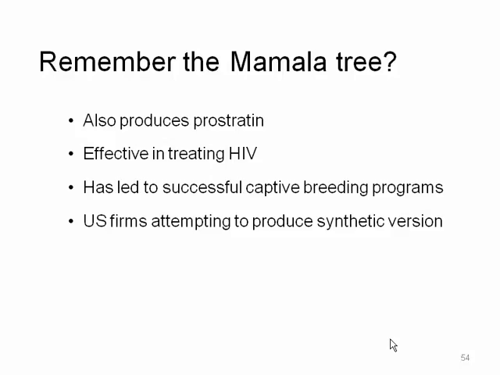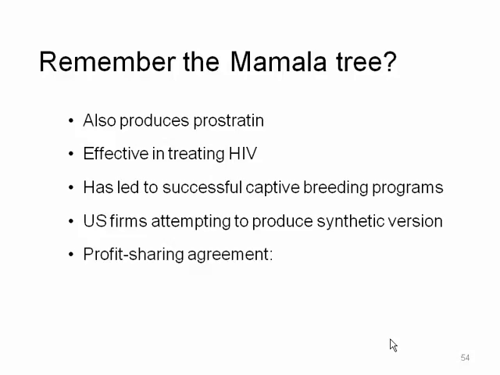And the U.S., again, looking to the industrial approach, has attempted to find synthetic versions of this chemical. And this may lead to a whole class of chemicals that may be useful for HIV or other immune system diseases.